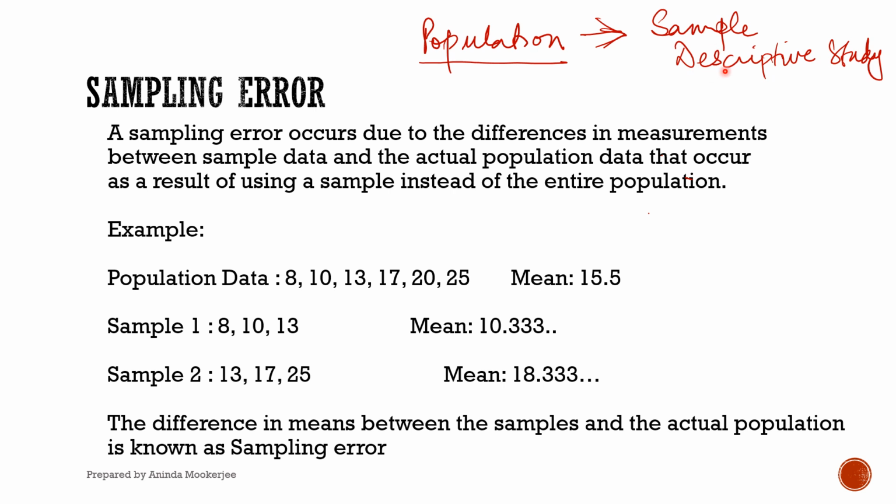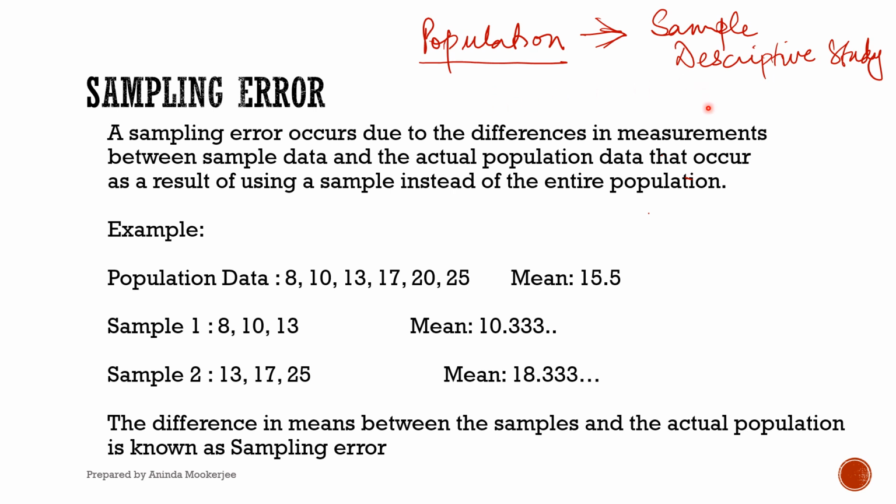And when we do that, the measurements based on 2,000 people, for example, or 2,000 items, is of course going to be different from what we would have got if we had included the entire population of millions, right?